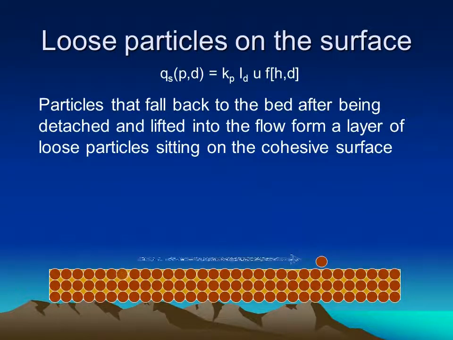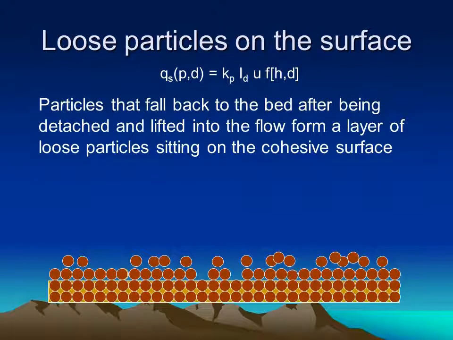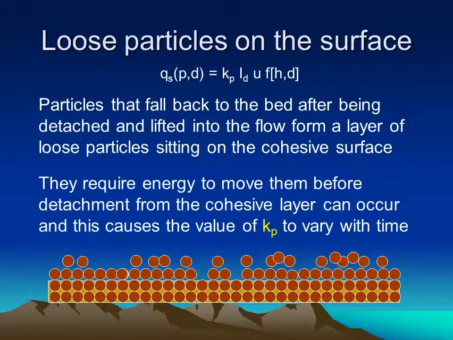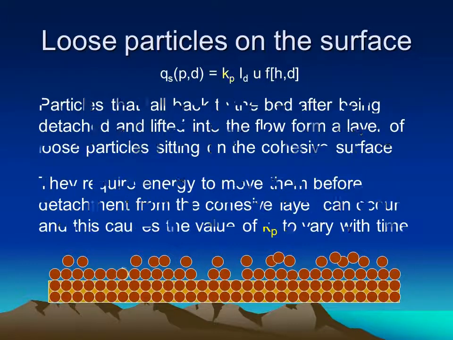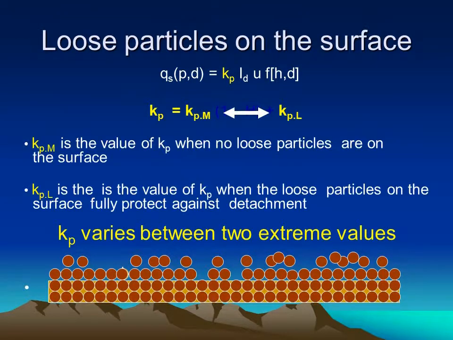The particles that fall back onto the bed actually generate a layer of loose particles sitting on top of a cohesive soil surface. And that requires energy to move them, and this has caused that value Kp, which is the soil related factor, to vary with time. Now it actually varies between two particular states. One is when there's no loose material sitting on the surface and the drops are just detaching material from the underlying surface.